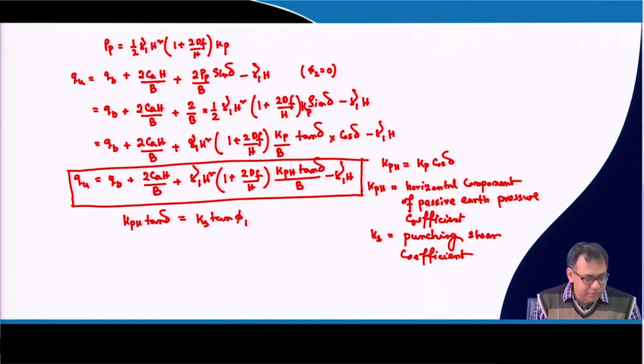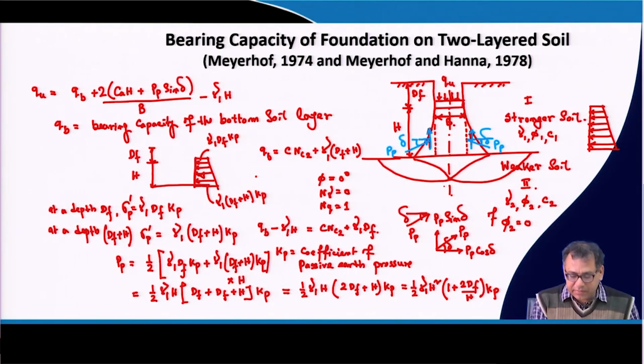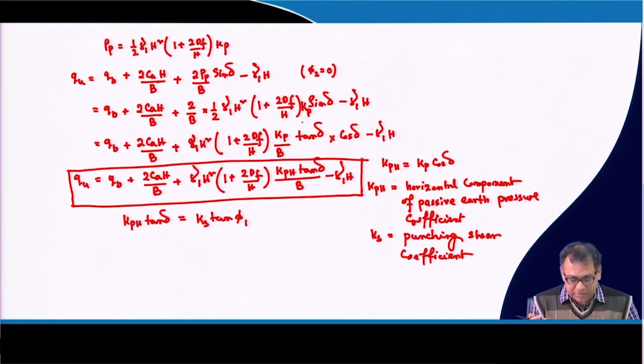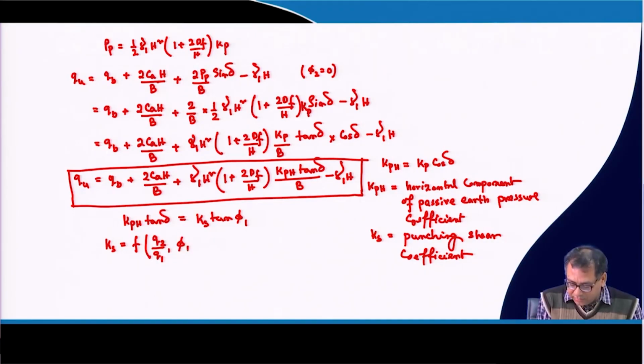Okay, now the Qb is the bearing capacity of the bottom layer, which can be calculated by our usual bearing capacity equation. And then finally, I can write that my Ks is a function of Q2 and Q1 and phi 1.